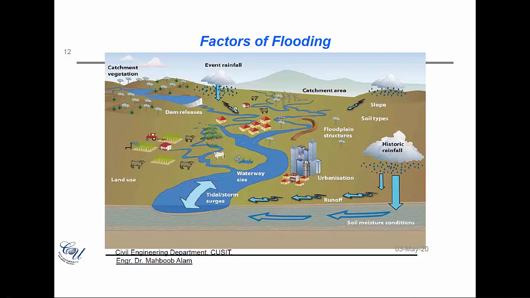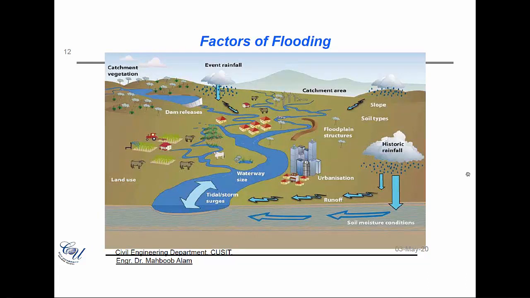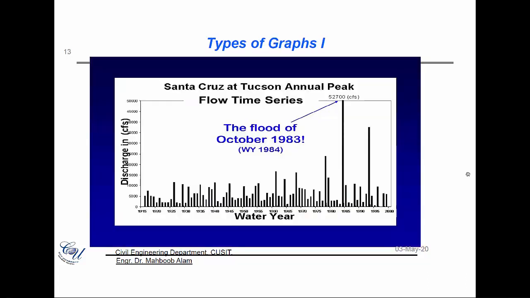Similarly, the land use, whether the land is used for vegetation or whether it's barren land, all these factors would be very important when we are looking at the floodway, or at the flood wave that is coming in the river. And then these flood waves or discharges would be shown with the help of different kinds of graphs.